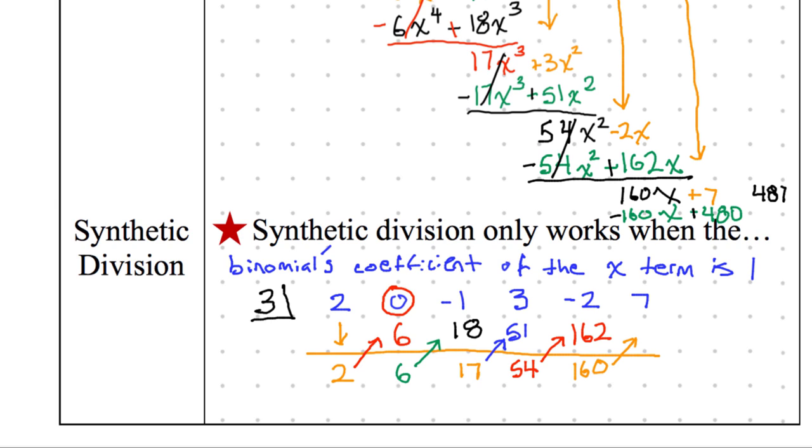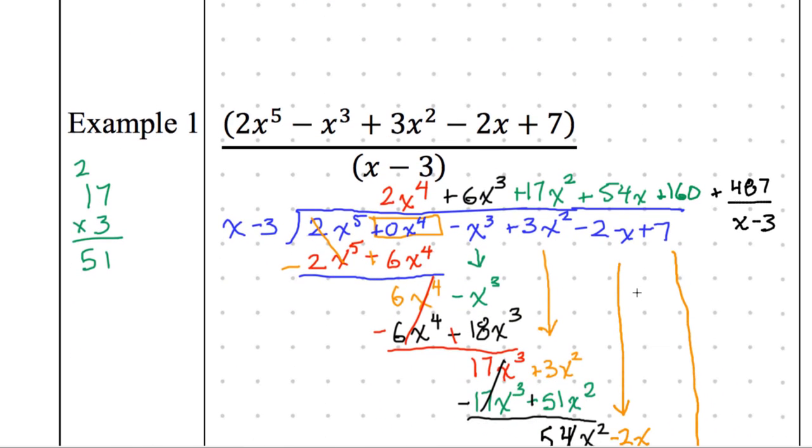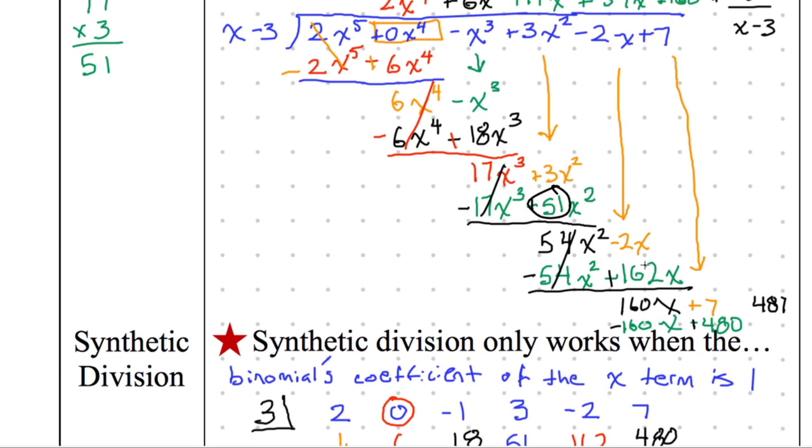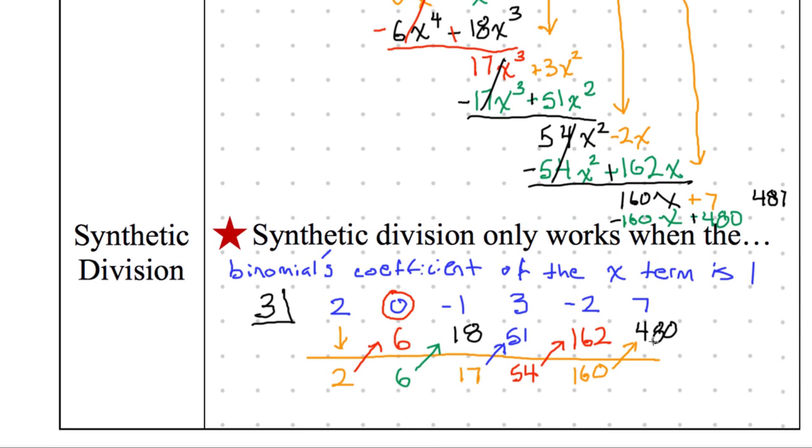We're finally seeing the relationship between these numbers and the numbers up here. So similar. All of these numbers right here, so similar. And then finally 480 plus 7 is 487.